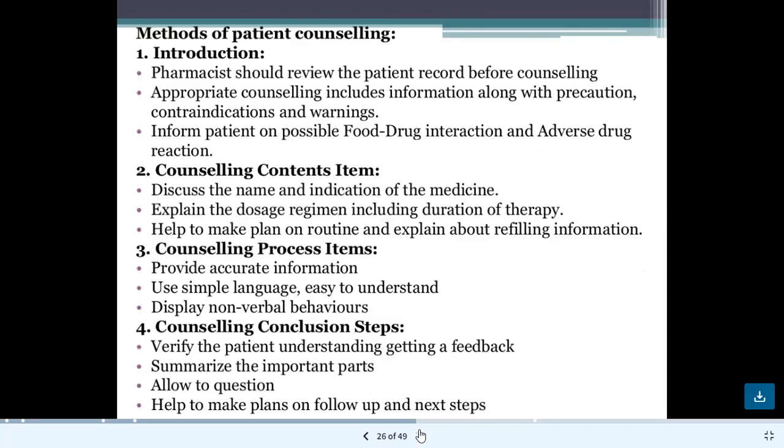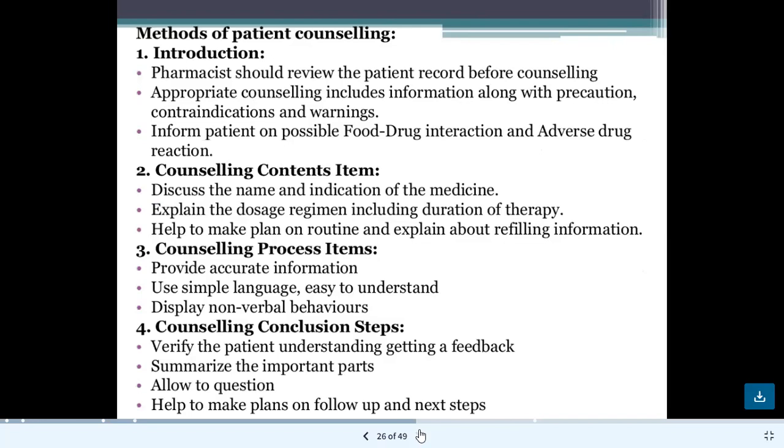Method of patient counseling. Introduction. Pharmacist should review the patient record before counseling. Appropriate counseling includes information along with precautions, contraindications, and warnings.